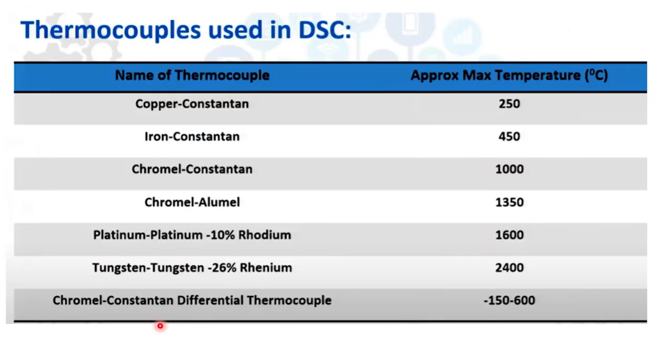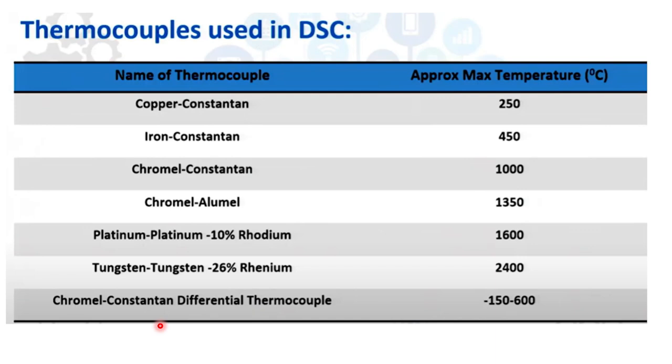Now, what are the different thermocouples used in DSC? There are various kinds of thermocouples available. For example, copper constantan. For that, there is a limitation: up to 250 degrees centigrade you can measure or study. Maximum temperature limit is 250 if you use the thermocouple copper constantan. If it is iron constantan, then it is 450 degrees centigrade. For chromel constantan, you may reach up to 1000 degrees centigrade.